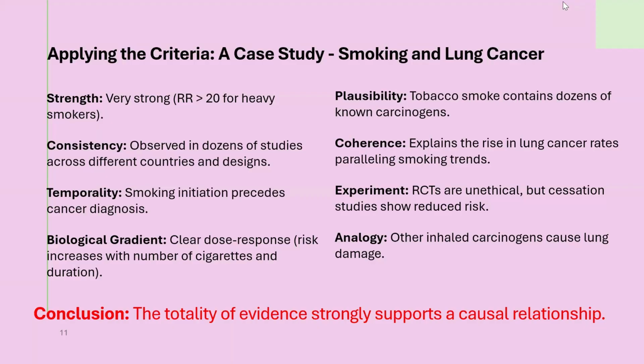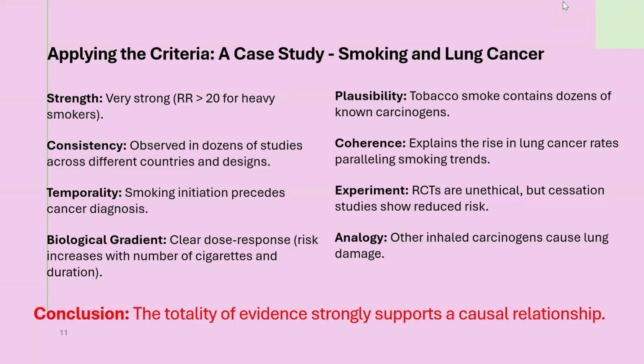Biological gradient. Now, it's very clear that a dose response exists between smoking and lung cancer. So if someone smokes more, there's this parameter used to define the amount of smoking called, is it pack years?